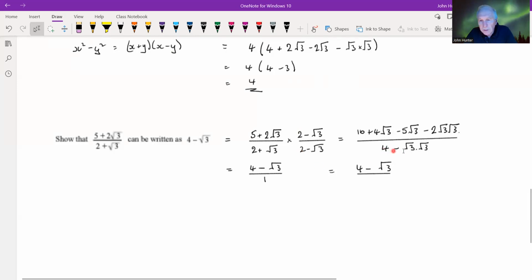So we're left with this on the denominator, 4 minus root 3 times root 3, which of course is 3. So 4 minus 3 makes 1. That's what we've got there. And simplifying the numerator, 4 minus root 3. So 4 minus root 3 divided by 1 is that, and that is what we have been asked to show.